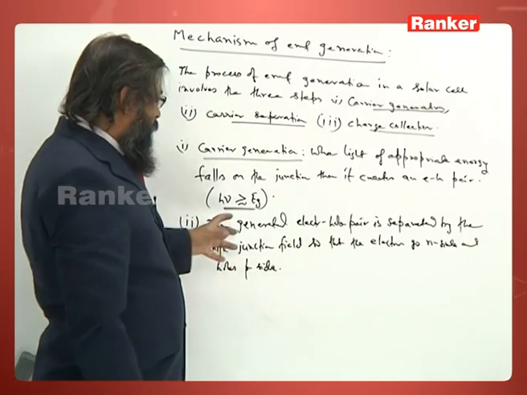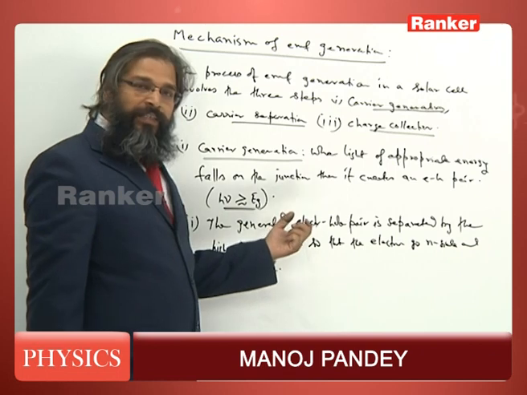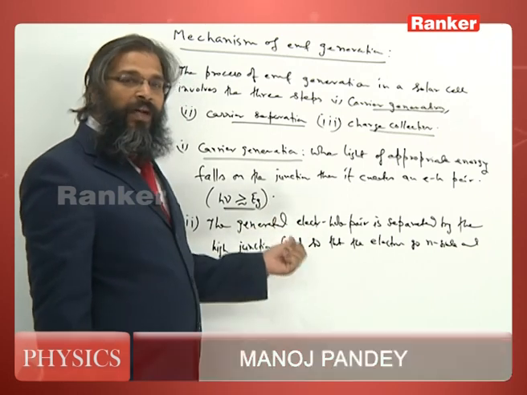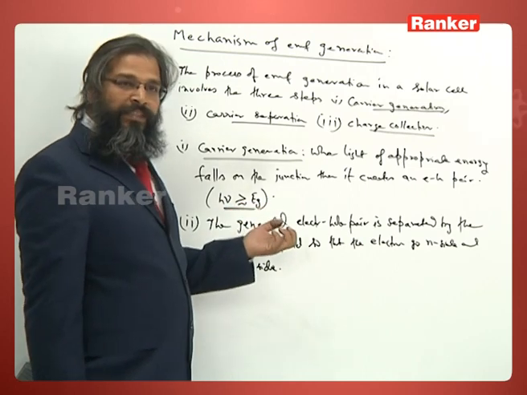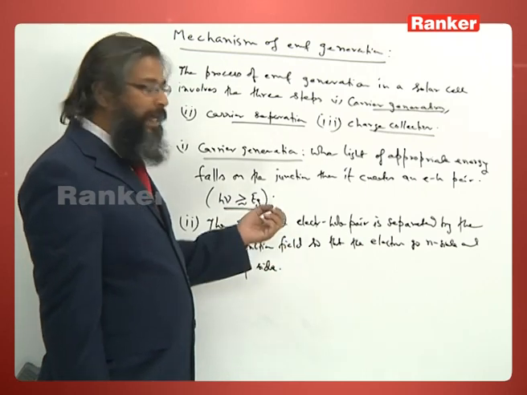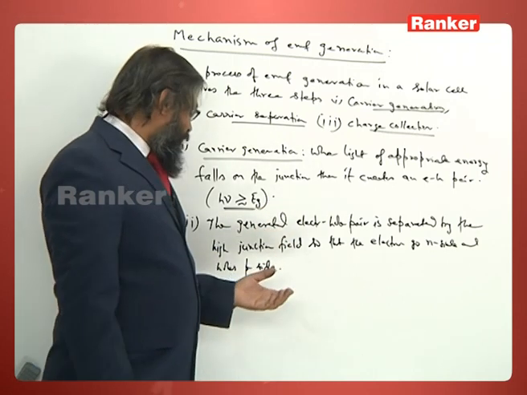You see, the doping level is very high, so that the junction voltage is high. The doping level is so high so that the electron hole pairs can be created more and more.